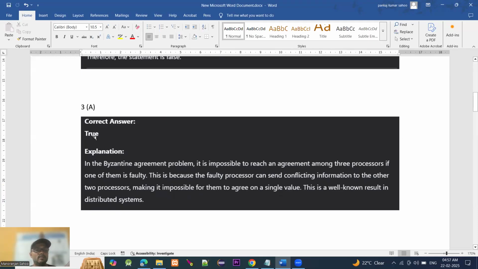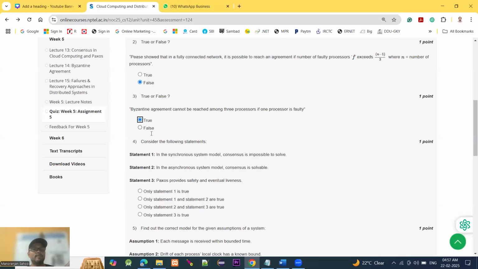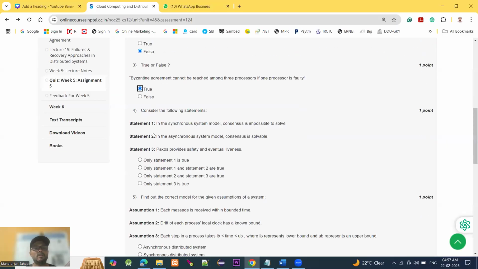This is because the faulty processor can send conflicting information to the other 2 processors, which makes it impossible for them to agree on a single value. This is a well-known result in distributed systems. So this is a true statement, option A.